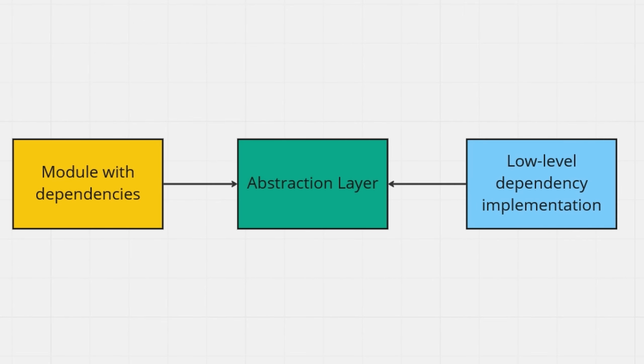A perfect example of an abstraction layer is an interface that provides us with a clear list of the functionality that the higher level module can use, but it does not specify any implementation details. So it is up to the dependency that is implementing the interface to fulfill that functionality, and the higher level module does not have to worry about any of that.